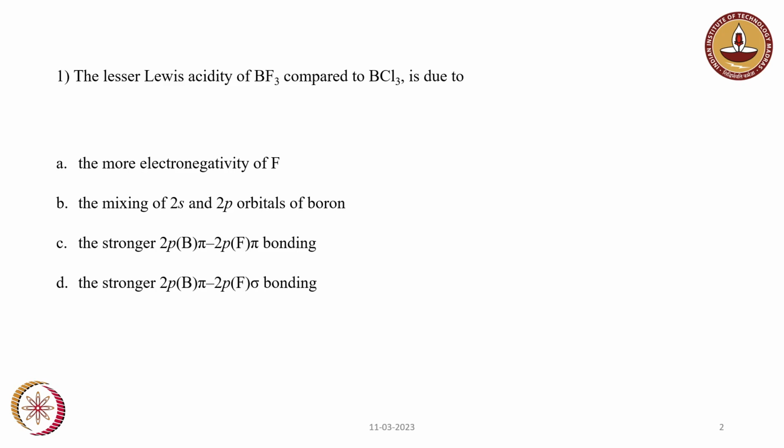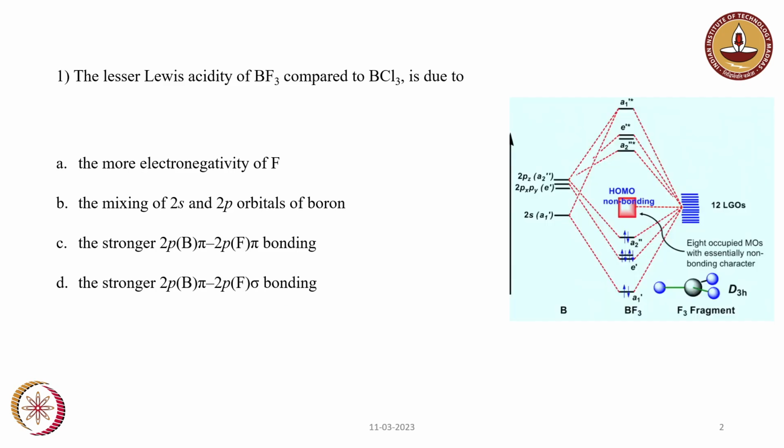So in BF3 we have already discussed the molecular orbital diagram. So this is how it looks like. Here is the energy. There are 12 ligand group orbitals in fluorine because there are 3 fluorines.